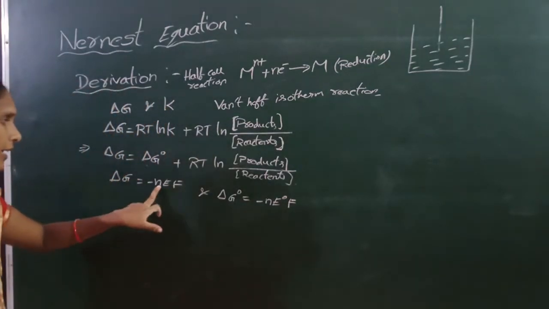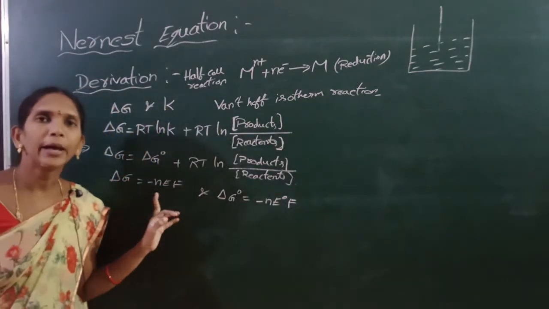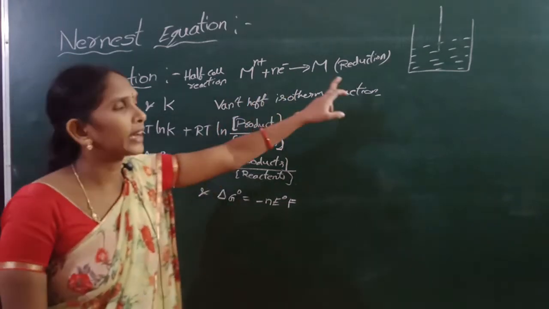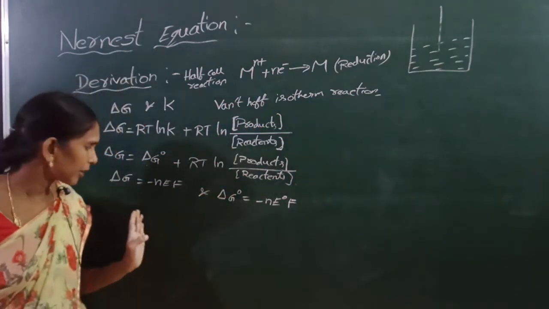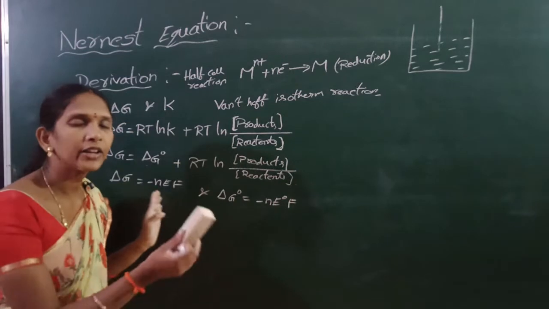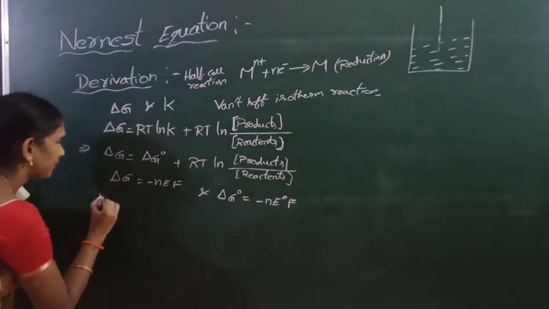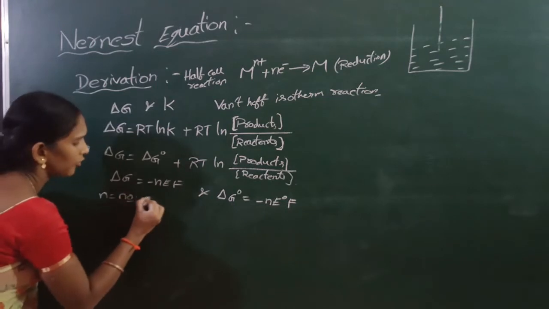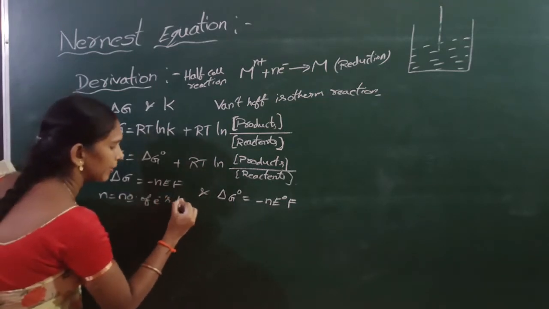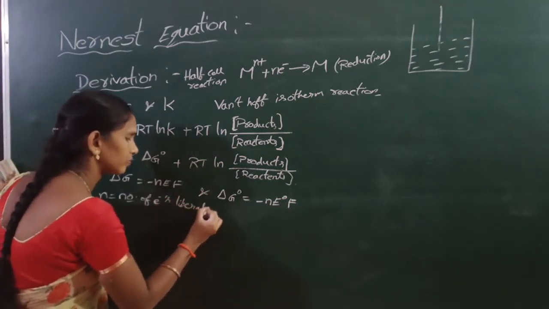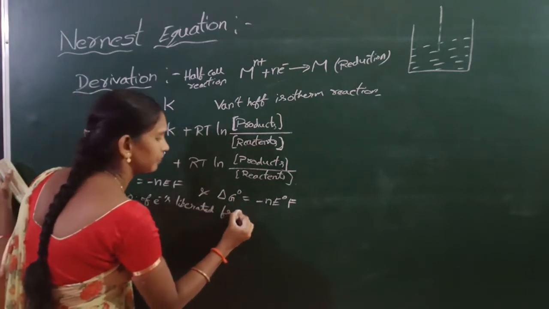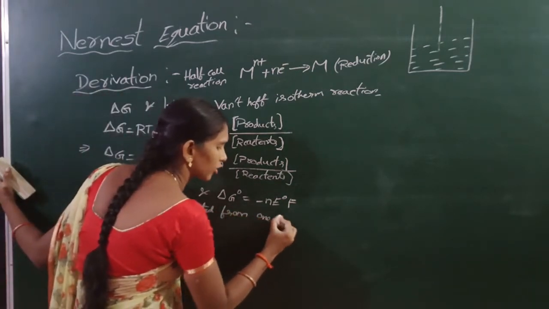Here small n is the number of electrons liberated from one electrode.